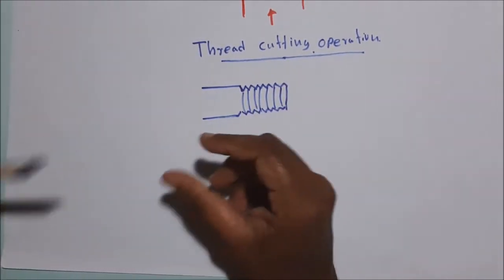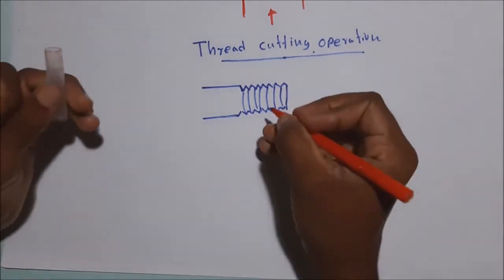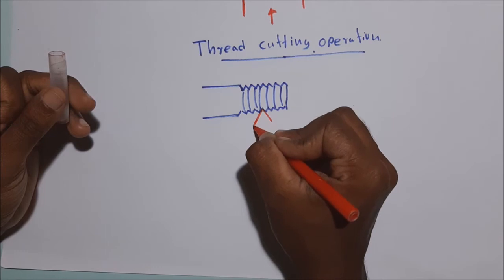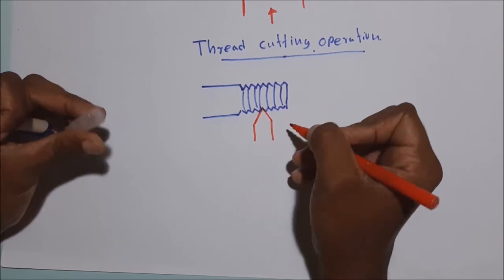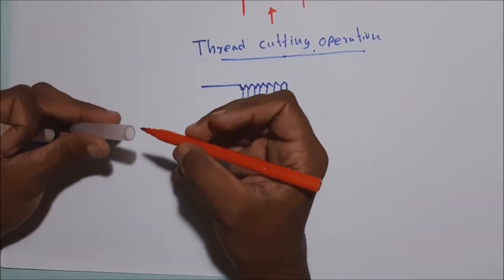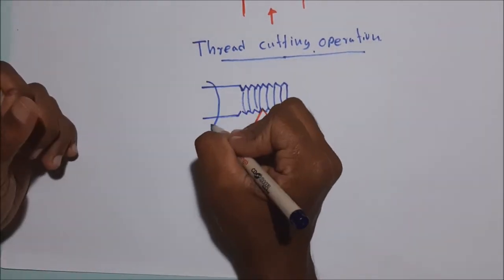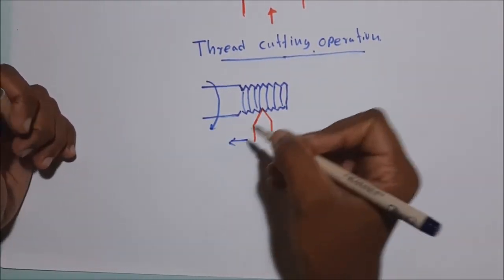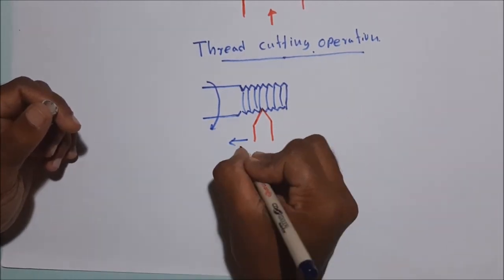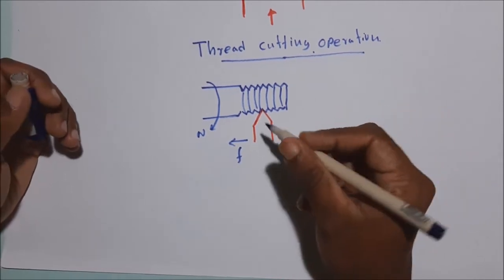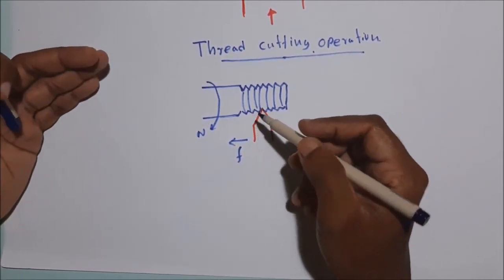Then a thread cutting tool is used, with a 55-degree or 60-degree nose radius. In the thread cutting operation, the lead screw is engaged to synchronize the rotation and the tool movement. That means the tool feeding and the RPM should be synchronized. What is the synchronization?